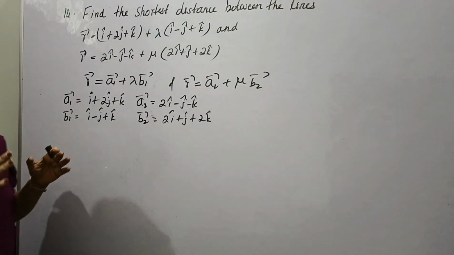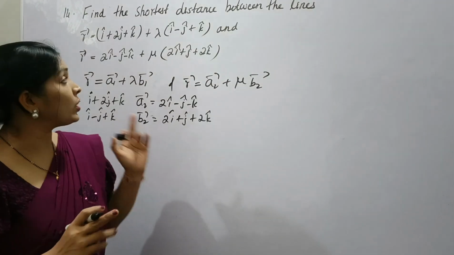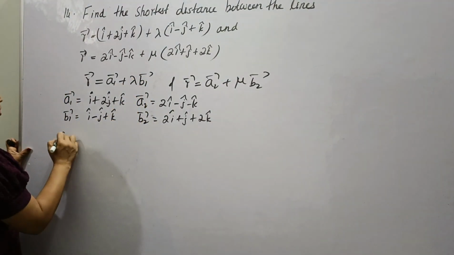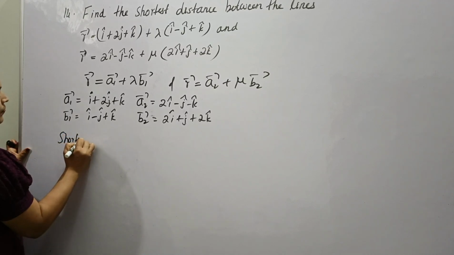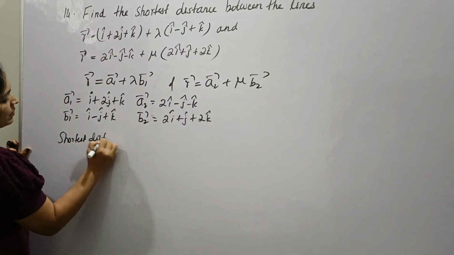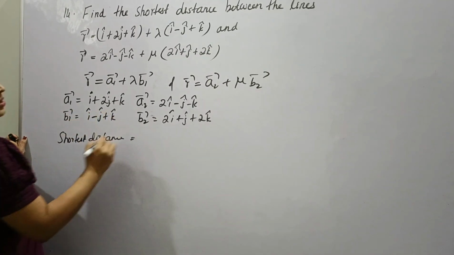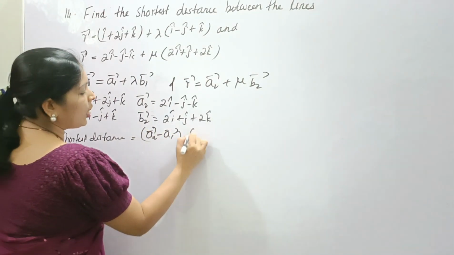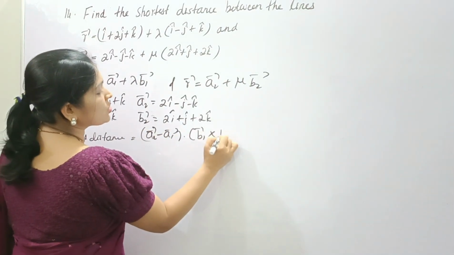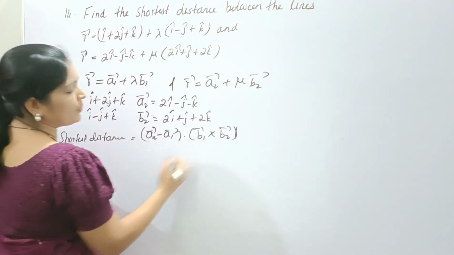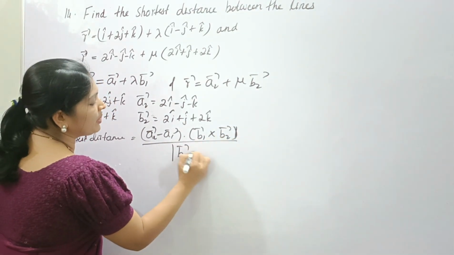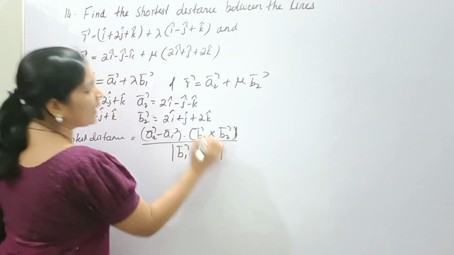Okay. So here we have to find the shortest distance between these two lines, right? So what is the equation? Shortest distance is equal to (vector A2 minus vector A1) dot (B1 cross B2) divided by modulus of vector B1 cross B2, right?